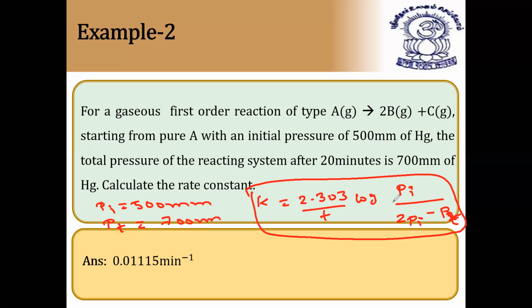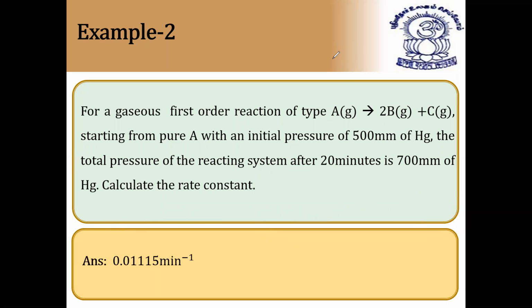By substituting in this formula, 100% you'll get the K value, and the K value will be in minute inverse, and T is equal to 20 minutes. Since the answer is also given in minutes, there is no need to convert minutes to seconds. So I hope it is clear. You can do the numerical like this.